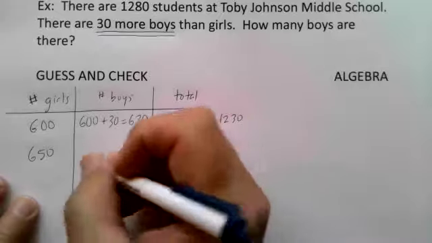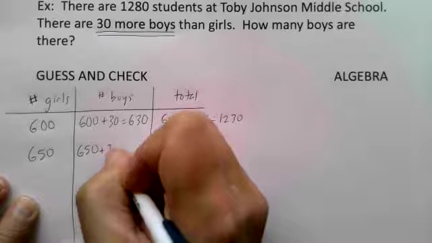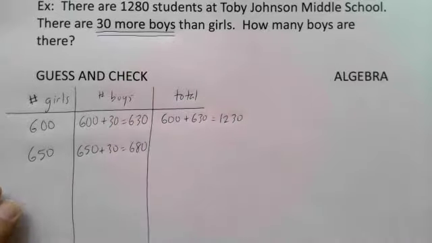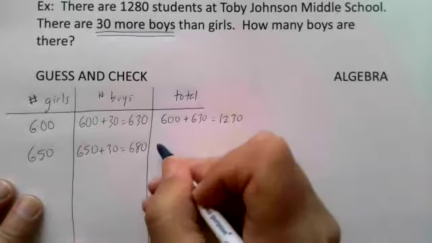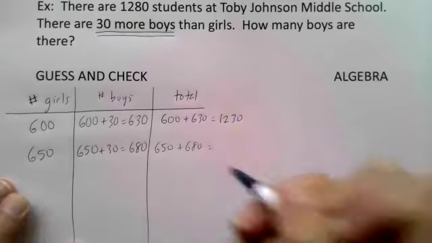If there were 650 girls, how many boys would there be? Well, remember, there has to be 30 more boys, so there would have to be 680 boys. Does that total up to what we need it to total up to? 650 girls plus 680 boys.